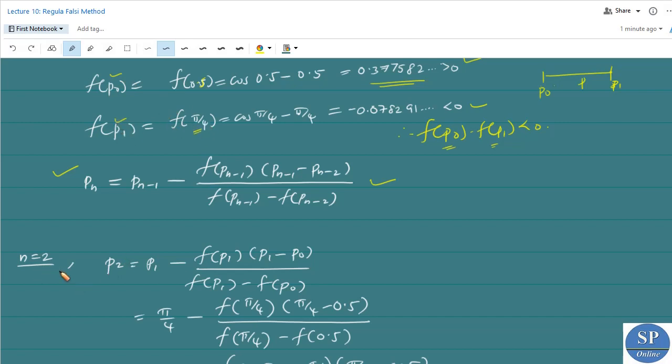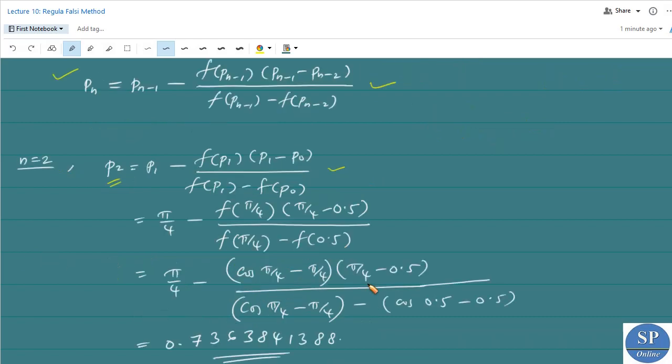When n is equal to 2, we have P2 equal to P1 minus f of P1 times P1 minus P0, divided by f of P1 minus f of P0. Replacing these values, we know P1 is equal to pi by 4, so pi by 4 minus f of pi by 4 times pi by 4 minus 0.5, divided by f of pi by 4 minus f of 0.5.